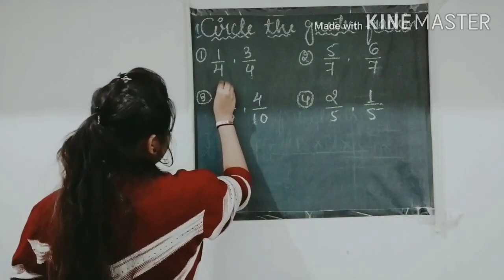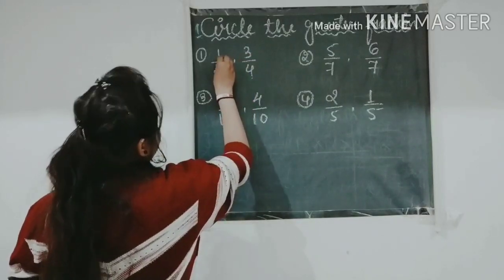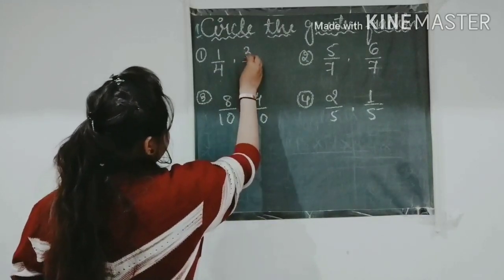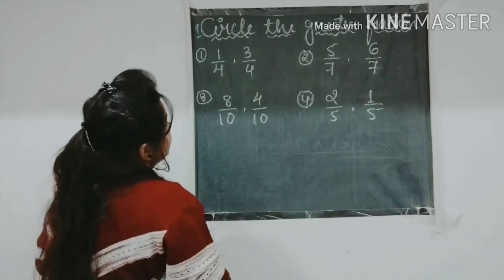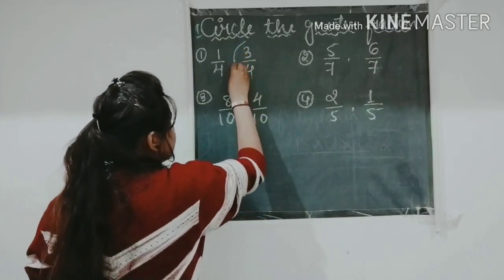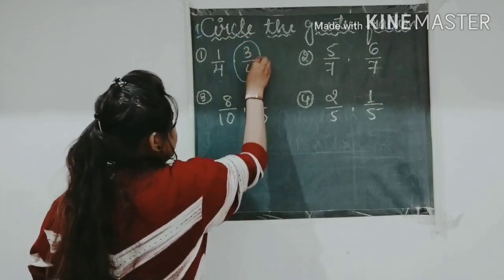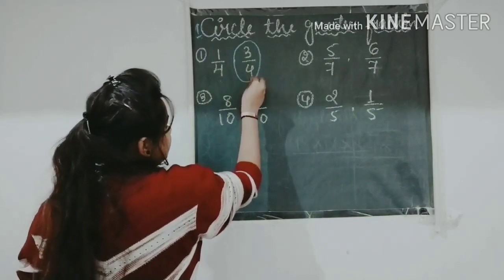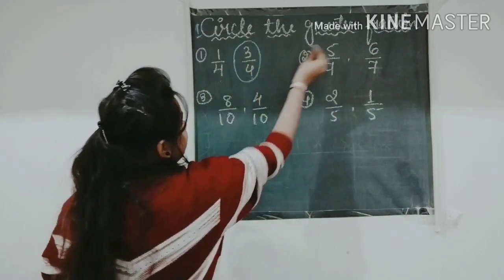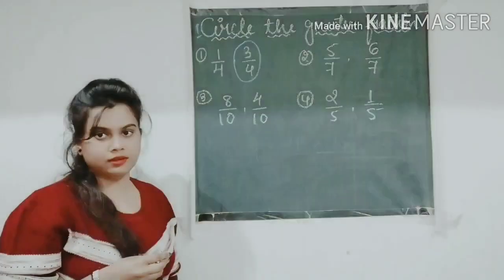So what do you have to check? You have to check the numerator. In the numerator, which number is greater, 1 or 3? Obviously 3 is greater than 1, so we will circle 3. Hence 1/4 is less than 3/4. 3/4 is the greater fraction here.